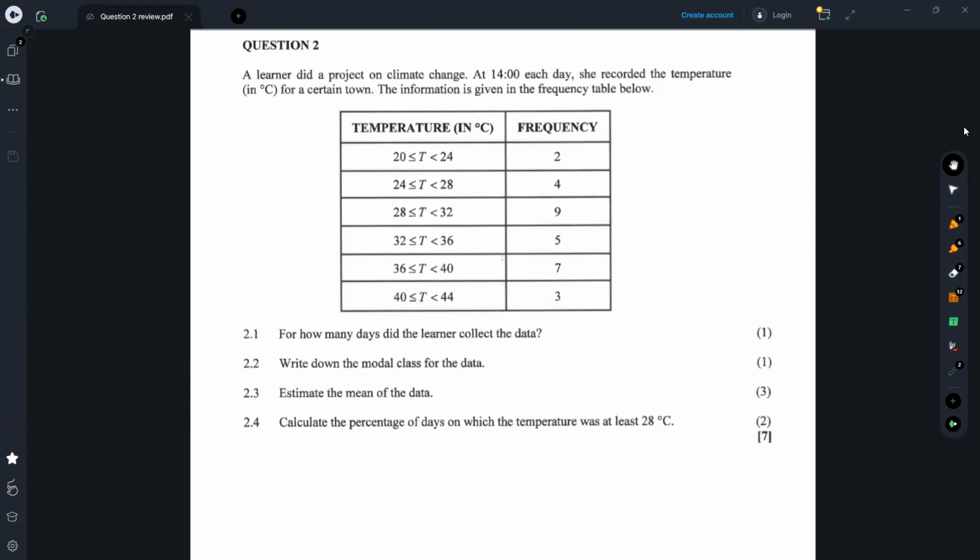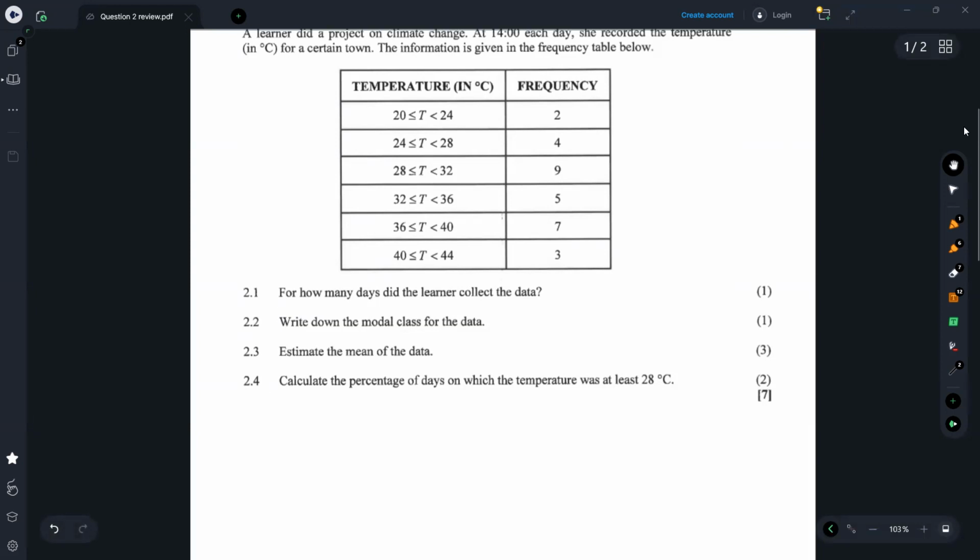There are 2 days where the temperature was between 20 and 24, and there are 4 days where the temperature was between 24 and 28. So the frequency here is going to give us the number of days in total. Okay. So we are going to sum up all of these values here.